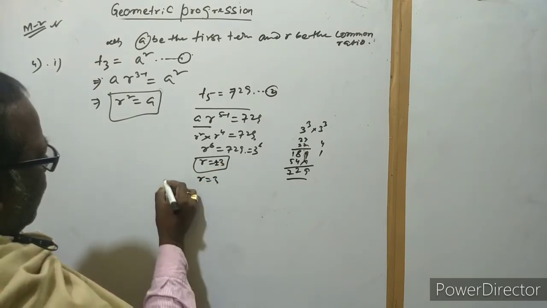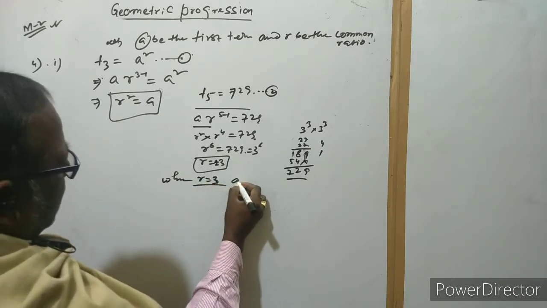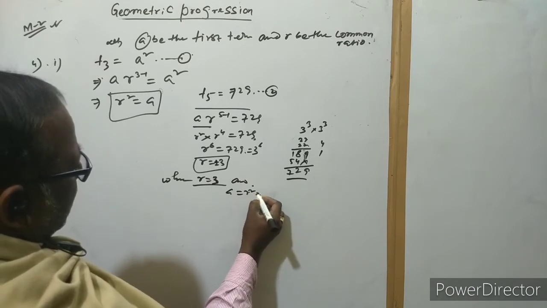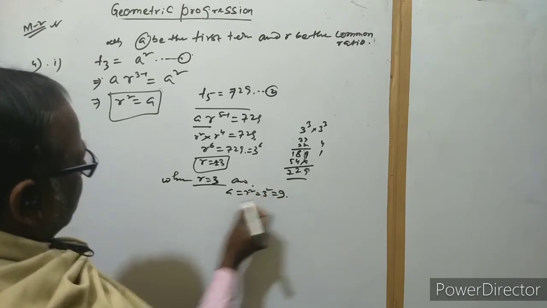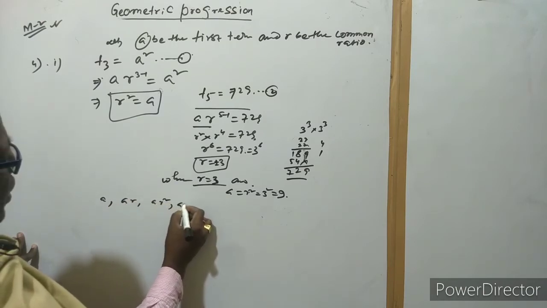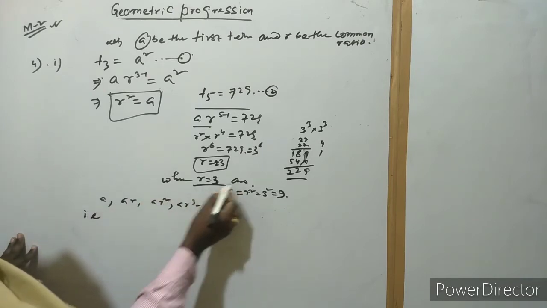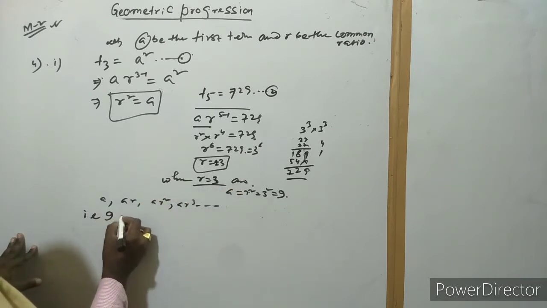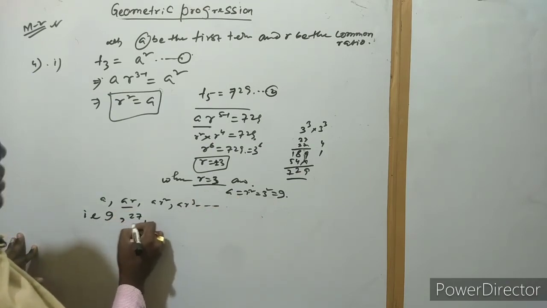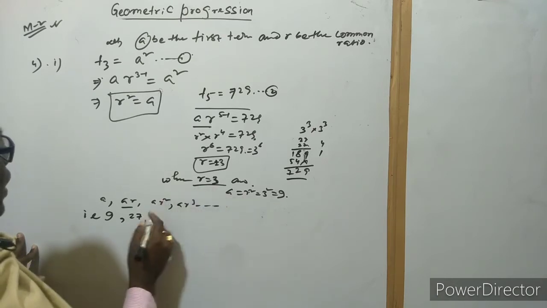Then when R is equal to 3, A is equal to R square, which means 3 square, that is 9. So the series is A, AR, AR square, AR cube, and that is A means 9, AR is 27, again 9, 81.